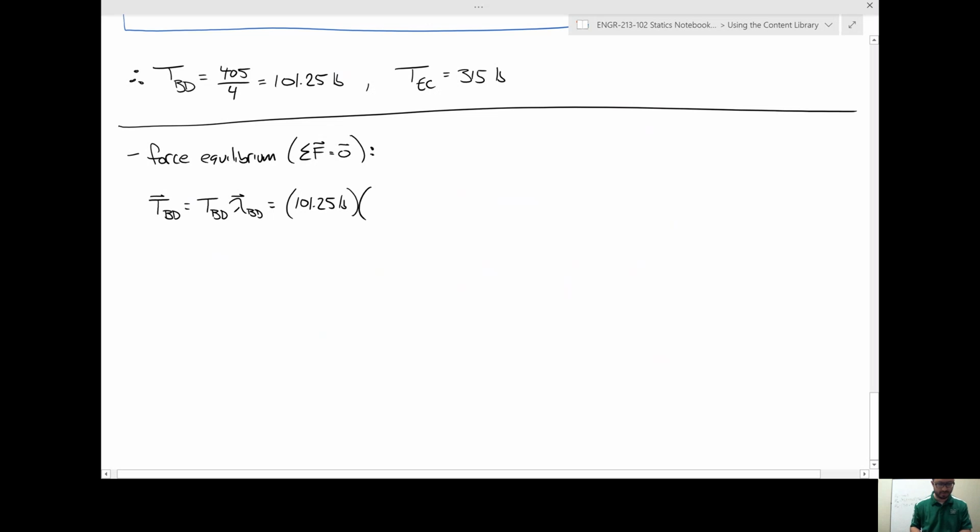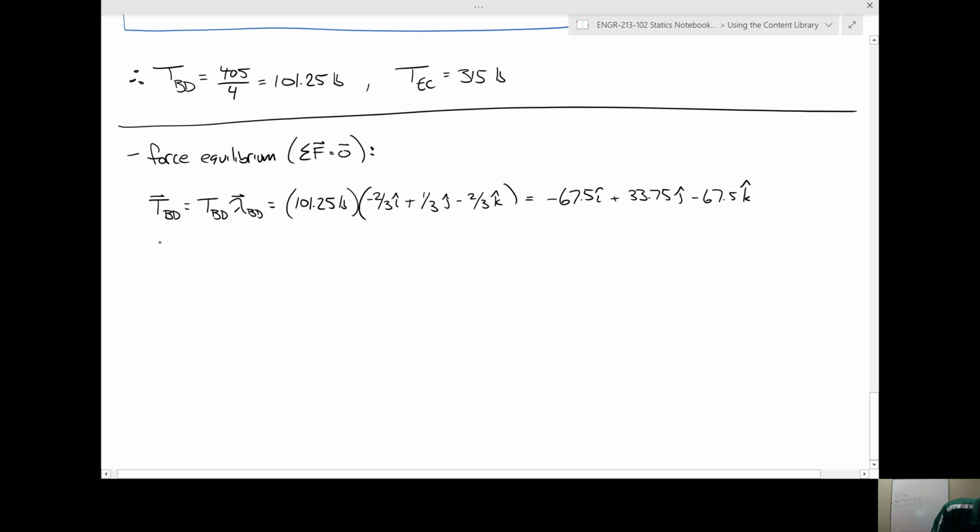The unit vector for BD is minus 2/3 i plus 1/3 j minus 2/3 k. Let's check my signs on that. Okay, that's correct. All right. So if I chug this out, what I get is negative 67.5 i plus 33.75 j, and then minus 67.5 k.